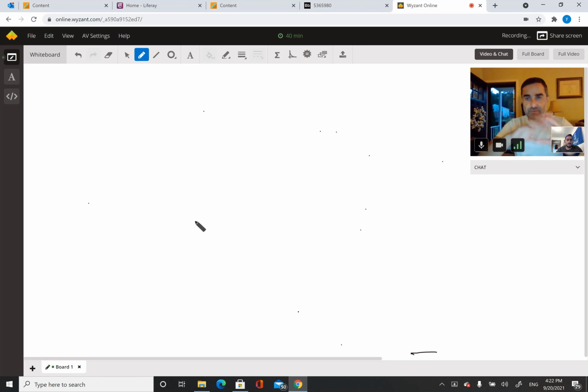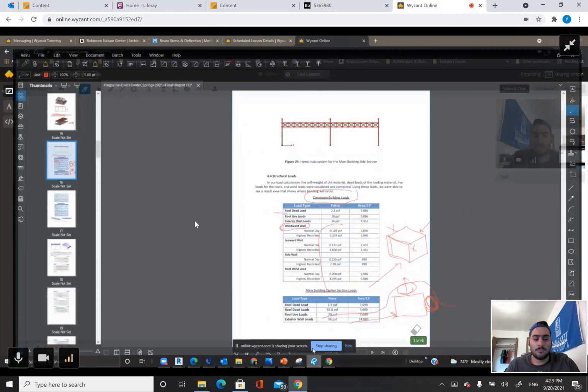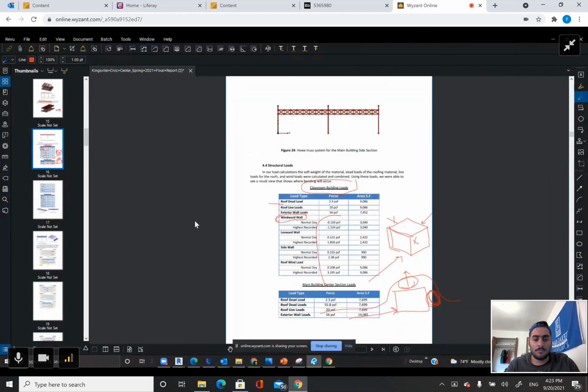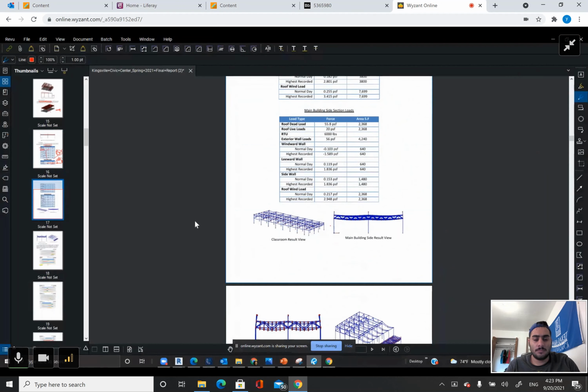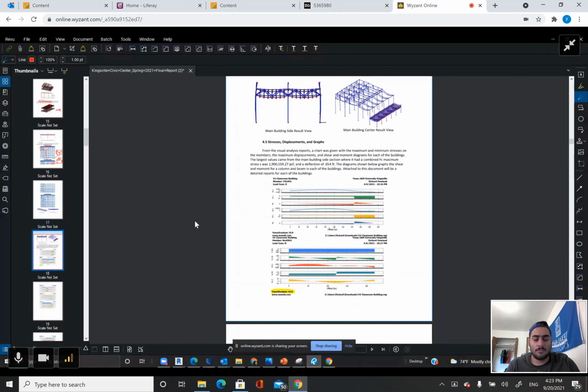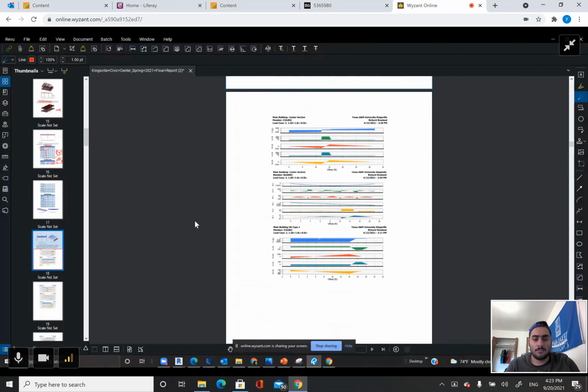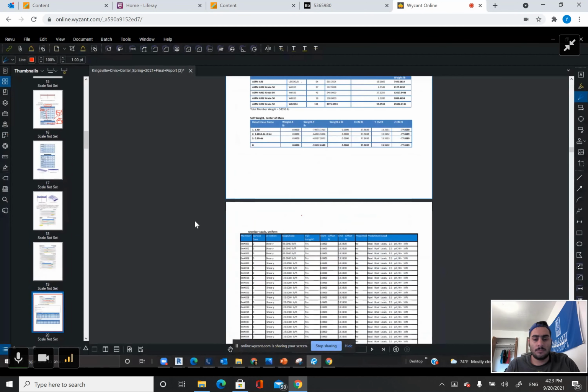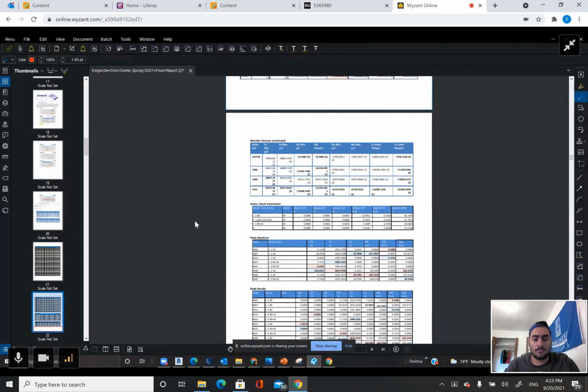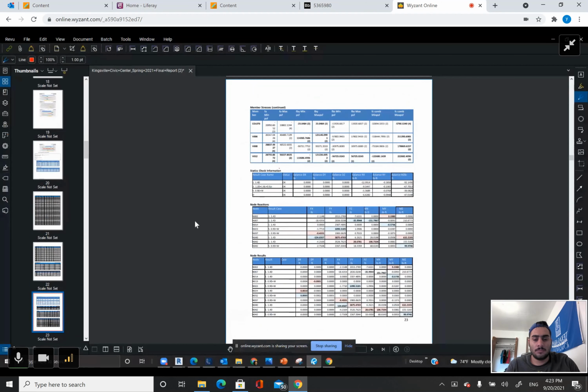Then we look at the roof plan, we determine what that load is, and if you look at this, I think once you get your hands on the software, it's going to help you. This table here also includes, in addition to that, load combination equations, which I'm not sure how the software uses.